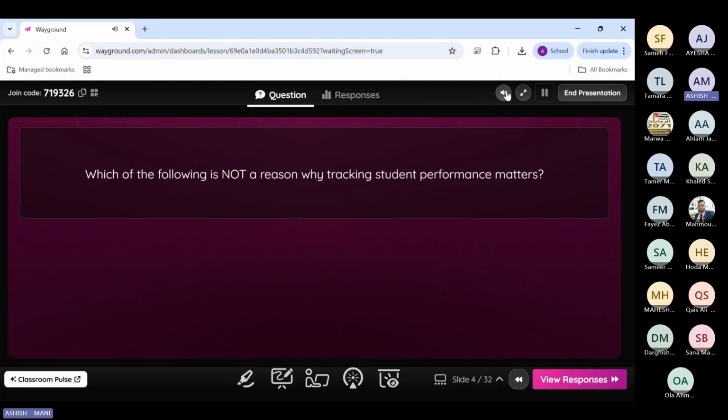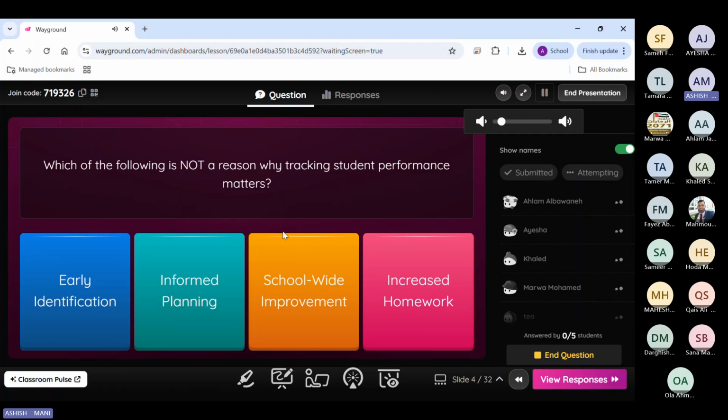Now there is one question on your screen. Which of the following is not a reason why tracking student performance matters? There is early identification, informed planning, school-wide improvement, and increased homework.